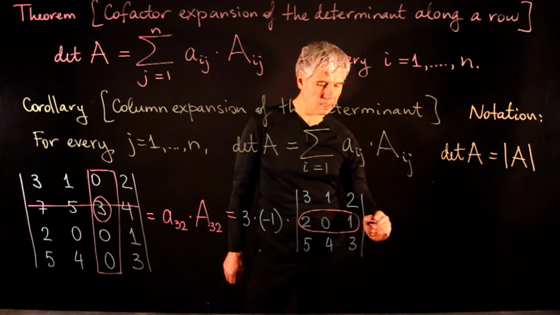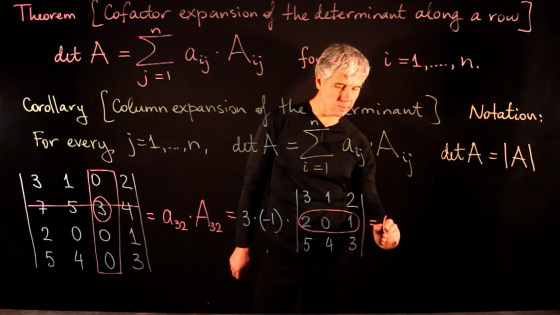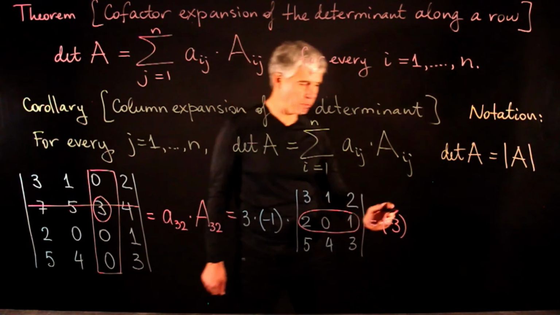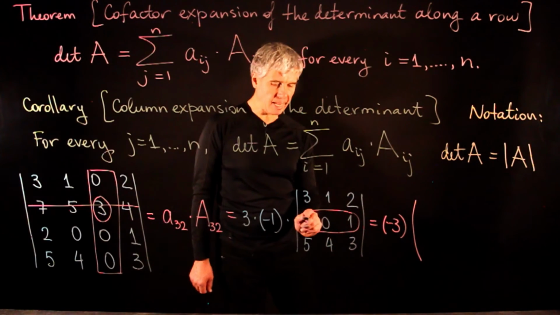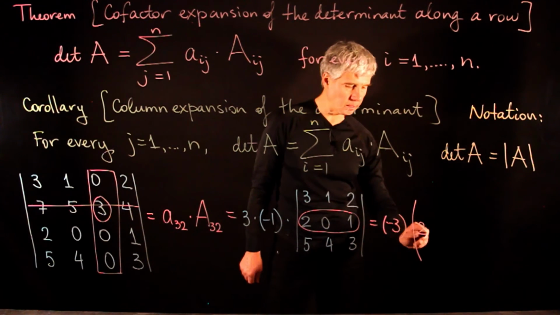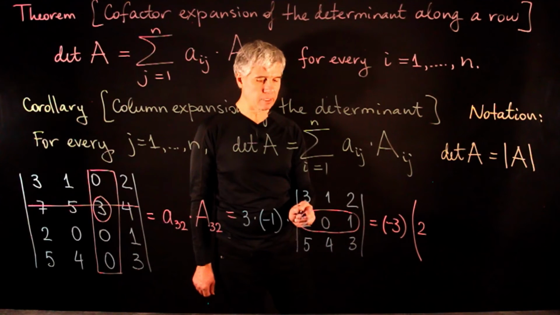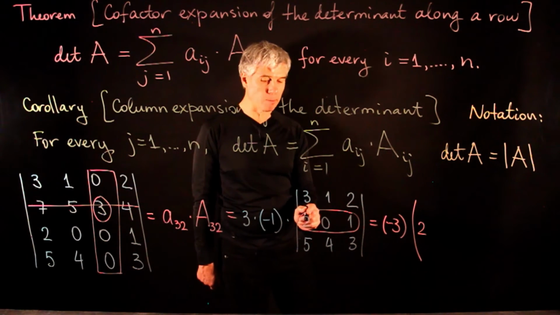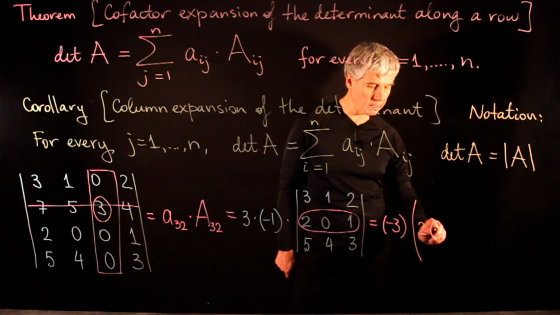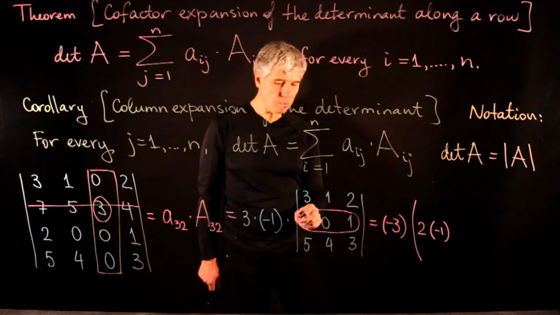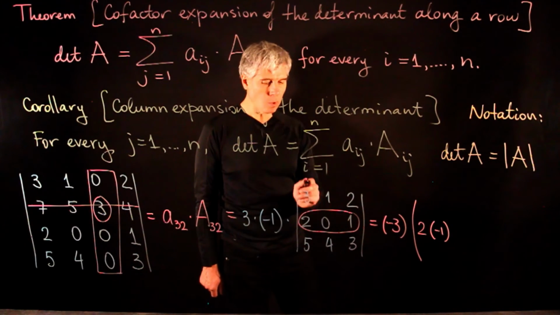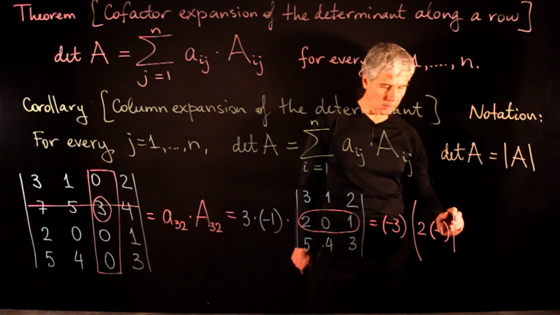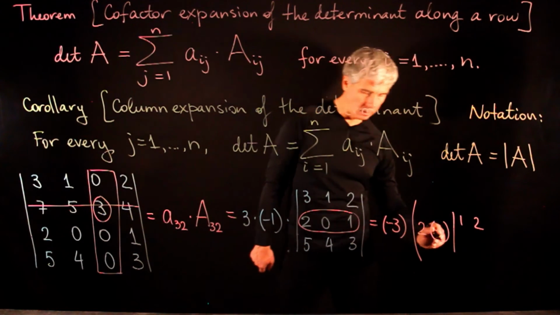So what we get here is this factor is -3 times, now we evaluate this 3 by 3 determinant. We have the entry 2 here, and now we need to take the cofactor. Using our checkerboard pattern, here we have a plus, so here we have a minus. This means that the sign here is going to be -1, and then we delete the second row and the first column, and we get a 2 by 2 determinant, which will be 1, 2, and 4, 3.